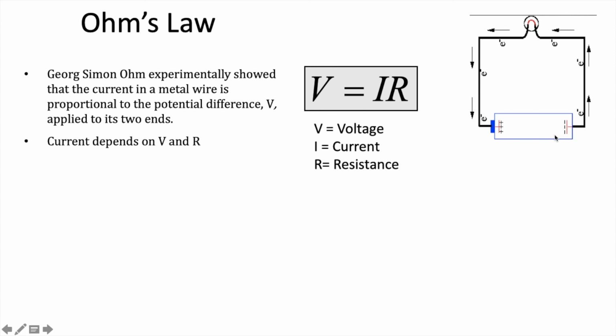Once a wire is connected around a battery or any potential source, the free electrons in the cell and in the conducting metal wire see this potential difference of the battery, and the electrons move along the wire.